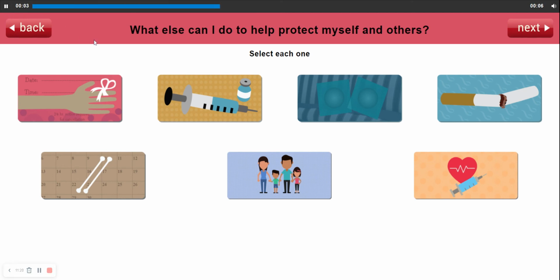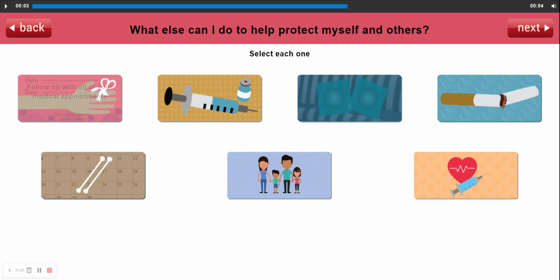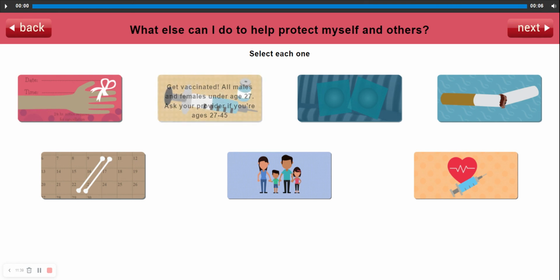What else can I do to help protect myself and others? Select each one. Follow up with all of your medical appointments. Get vaccinated. All males and females under age 27. Ask your provider if you're age 27 to 45. Protect yourself.